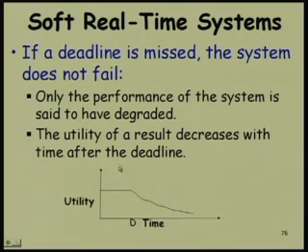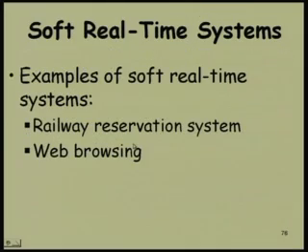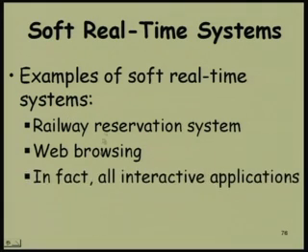If the results appear within the deadline, we say that the performance is good. Otherwise, we say that the system is operating in degraded performance, we do not say that it has failed. And we had said that most of the tasks that are interactive in nature are soft real time tasks.